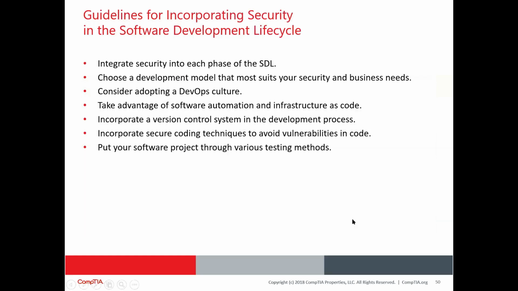Okay, so here are some guidelines for incorporating security in a software development lifecycle. First, you need to make sure that you integrate security into each phase of the SDLC, just like what Microsoft has done. You can adapt to different development methods, from waterfall to agile, and you can also consider adopting DevOps or even DevSecOps.